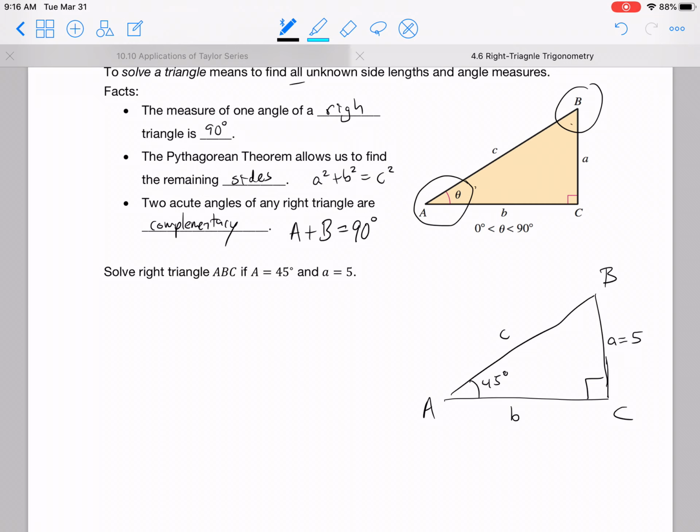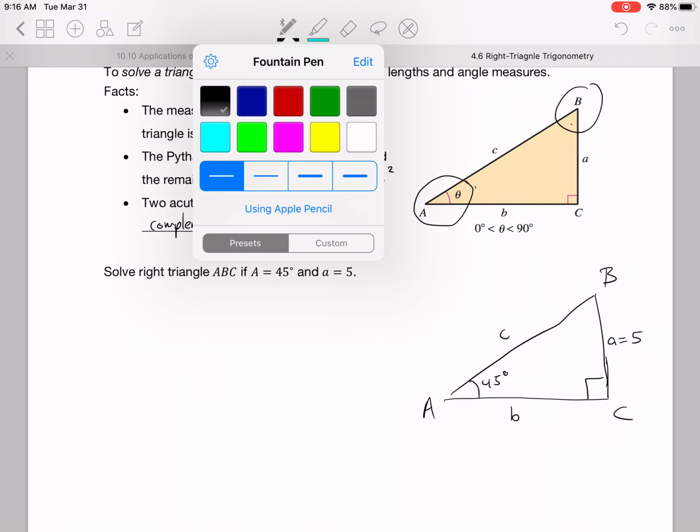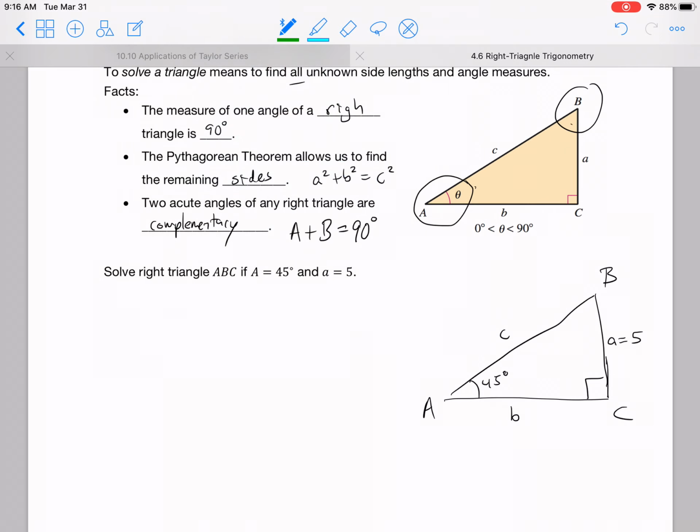So those two are given to us, and I'll do everything else in green from now on so you don't confuse it. Well, first thing we can say is that those two angles A and B are complementary, so they have to add up to 90, and so that makes this angle up here also 45 degrees. That wasn't written very well. 45 degrees.